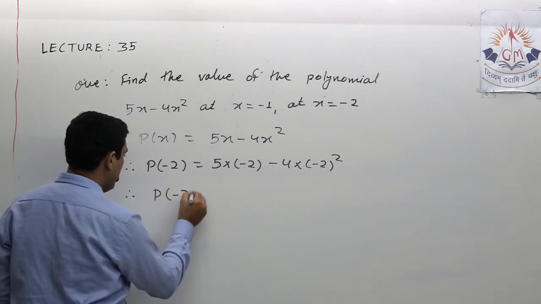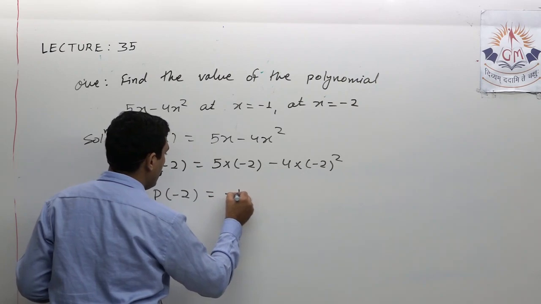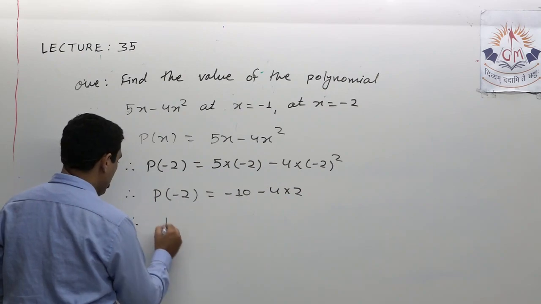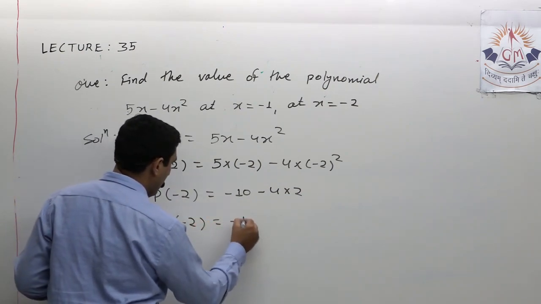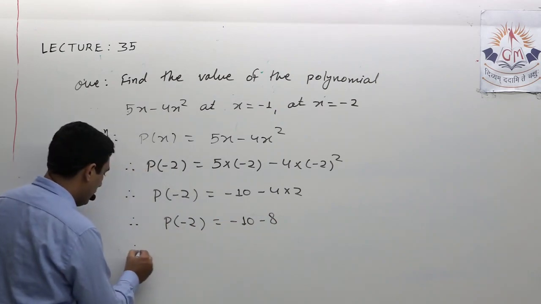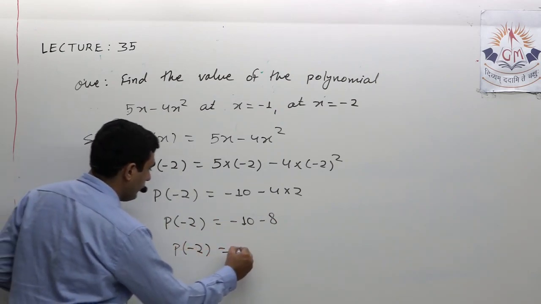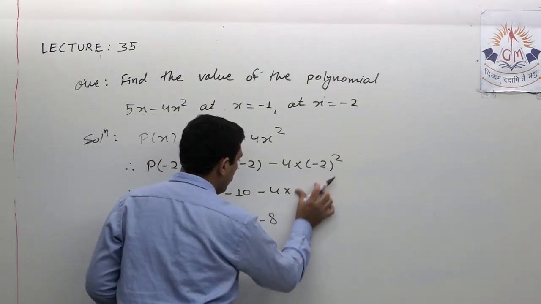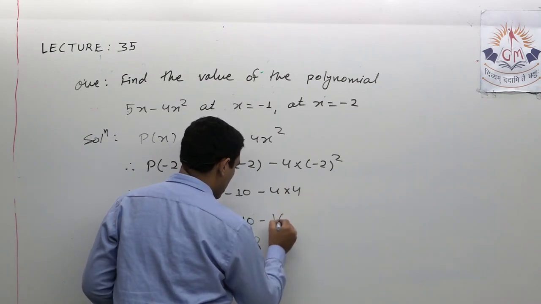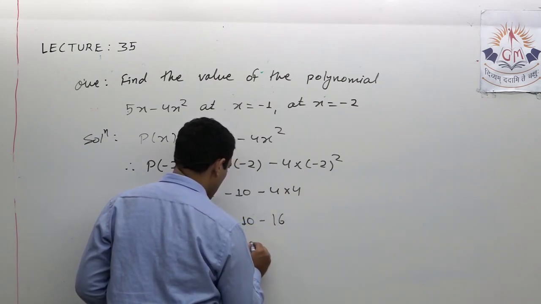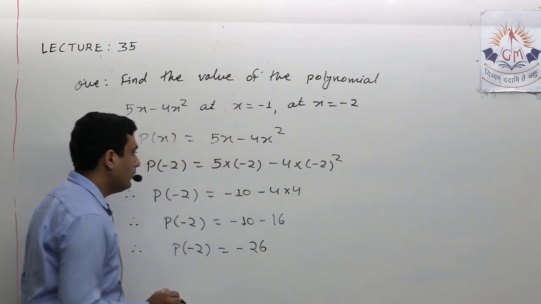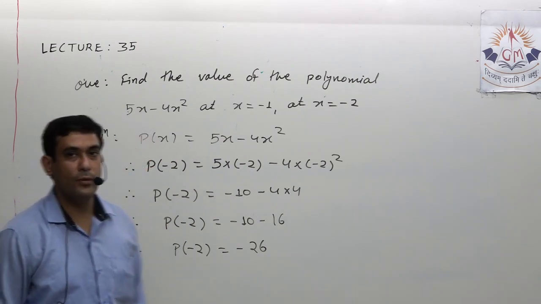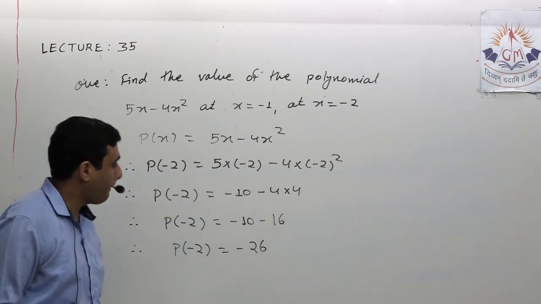So p of minus 2 is equal to minus 10 minus 4 into 2, so minus 10 minus 8, so ultimately minus 18. Okay, there is a mistake: minus 2 square is 4, so it should be 4 times 4, which is 16, so the final answer should be minus 26. Okay, final answer is minus 26. P of minus 2 is equal to minus 26. Please note it down.